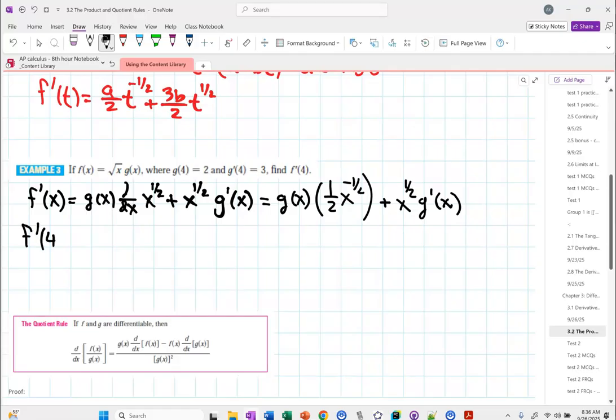Now, I could simplify this more, but I'm not going to. Mostly because it's not asking me for f prime of x. It's asking me for f prime of 4. So I'm just going to go back and plug 4 through this anyways and get a number for an answer. I don't care how neat this is. If I spend a bunch of time making that neater, it's just going to be plugging a number in and simplifying down to get a number anyway.